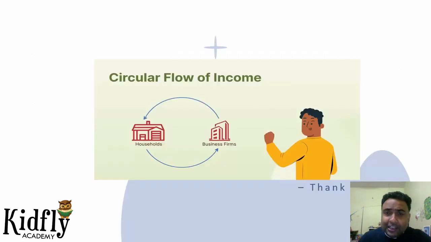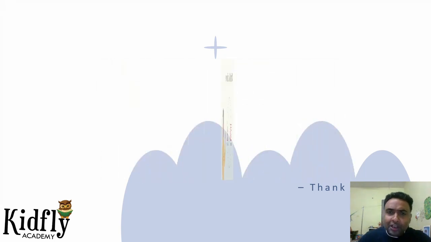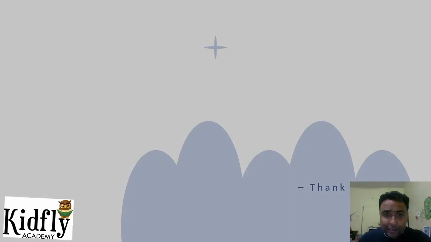So majorly this income rotates from household to business and business to household. I hope you got the complete idea of the working of this circular flow of income.